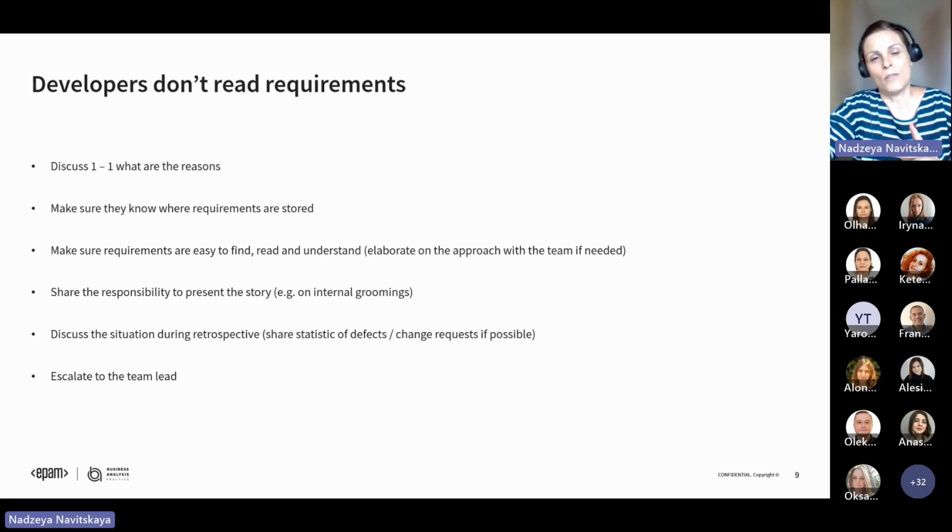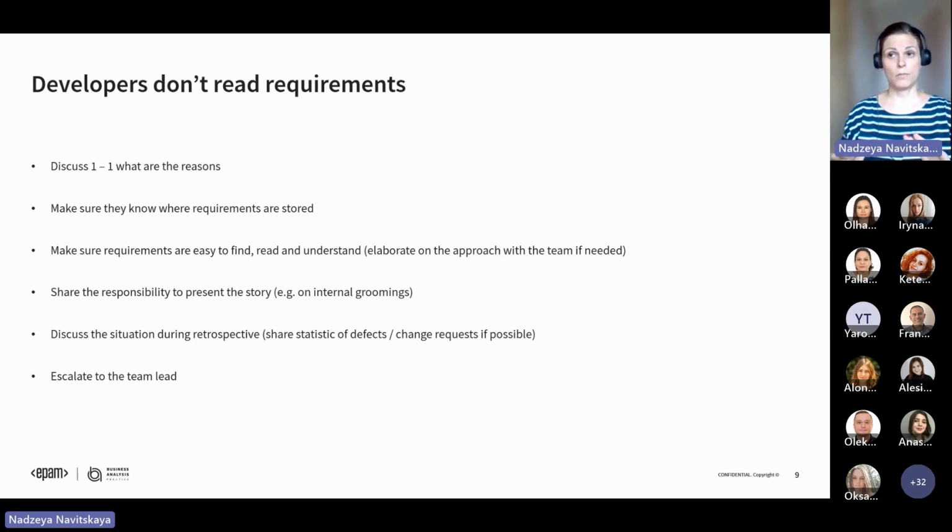Because that team was a 100% backend team and they did complicated work, the team leader and I discussed a new approach for how we can be ready for internal groomings, and we made every developer responsible for one user story: first user story for this developer, second user story for this developer, third user story for this developer.